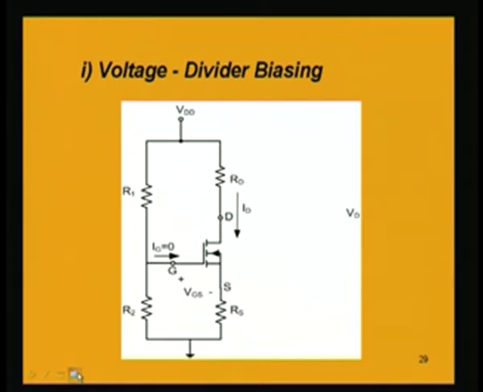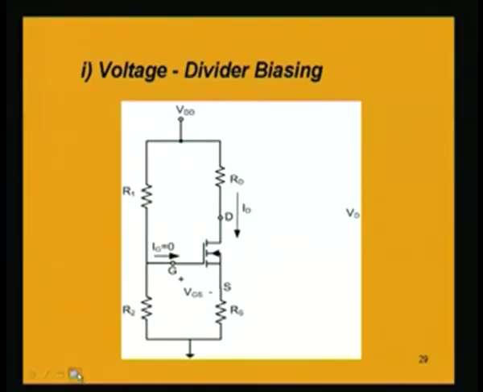Another biasing scheme which is used for this enhancement type of MOSFET is the voltage divider biasing scheme. This also looks familiar to us, because earlier we have discussed the voltage divider biasing scheme while discussing the BJT amplifier.